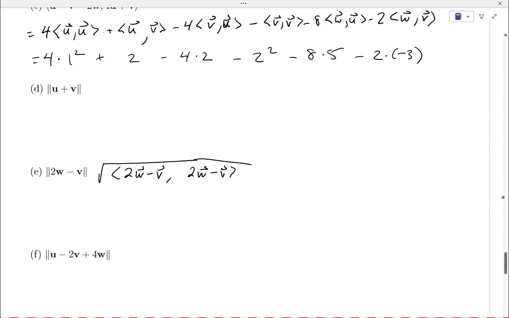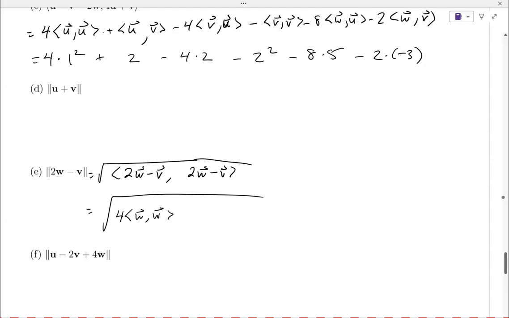If I want to do the magnitude or norm of a vector, I need to do the square root of the inner product with itself, right? So when we do the inner product with itself here, what do you get? For WW, good.